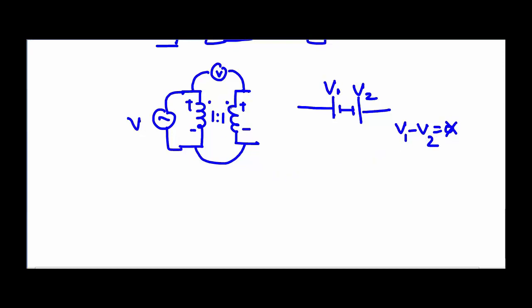But if the polarity is not located in this way, let's say the dot was here and here, and for the secondary side the dot was located at this point.